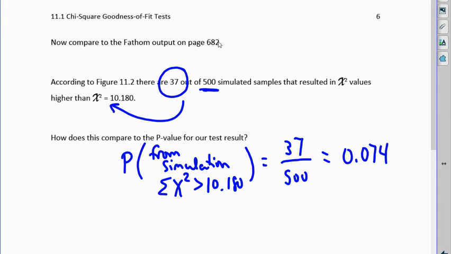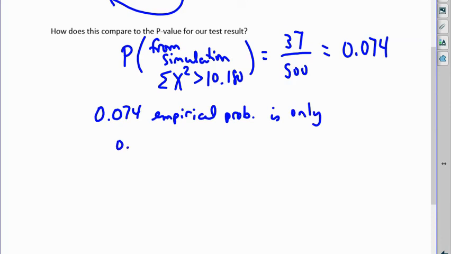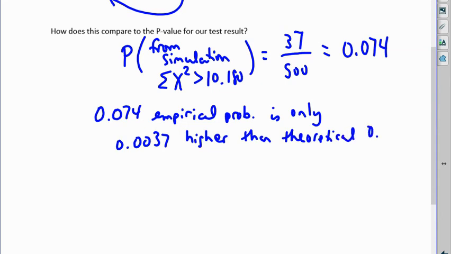So the empirical probability from this experiment, this 0.074, is only 0.0037 higher than the theoretical probability that we just got with the chi-squared test of 0.0703. So that's from that goodness of fit test.